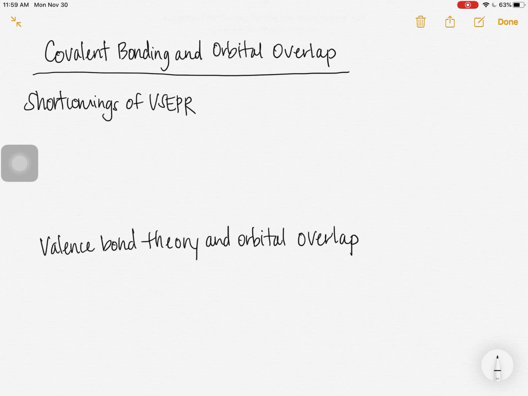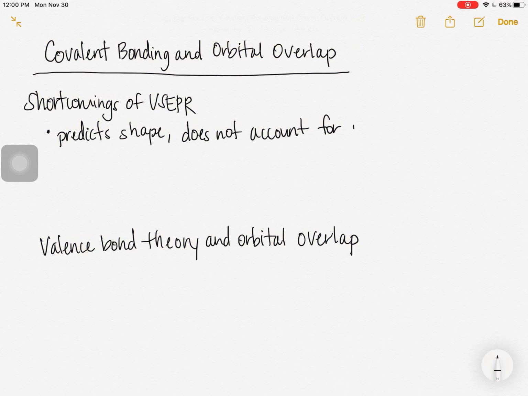So the first thing we talk about in this section is that while VSEPR predicts molecule geometry, there are a couple shortcomings. And the first big shortcoming is that while it predicts the molecular shape, it does not account for why and even how bonds exist between atoms.